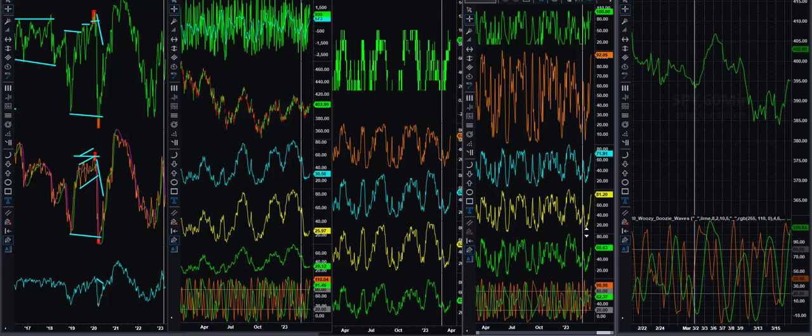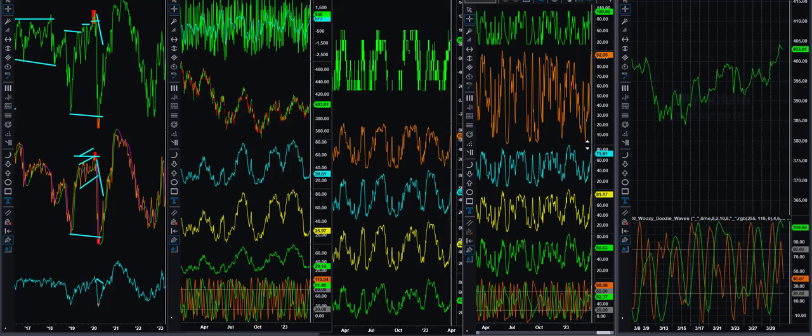The yellow one has already gone to 80. This one is 60 and this one is 70. So this is a 10 EMA for the entire market. And these are calculated dynamically, non-weighted, as I explained earlier.